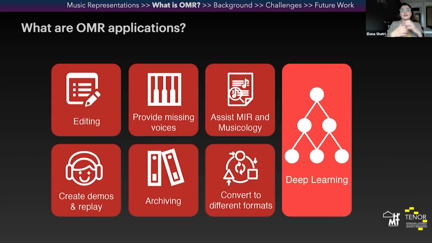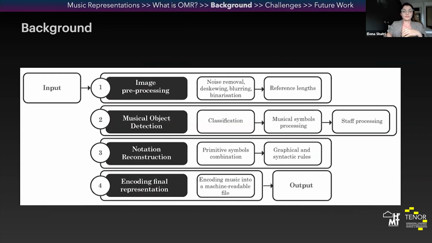Having machine-readable files in this case would highly assist the field. Optical music recognition also enables searchability, computational analysis, and assessing the way music information retrieval works. Furthermore, it would allow conversion to different sheet music formats such as Braille, thus increasing inclusion.